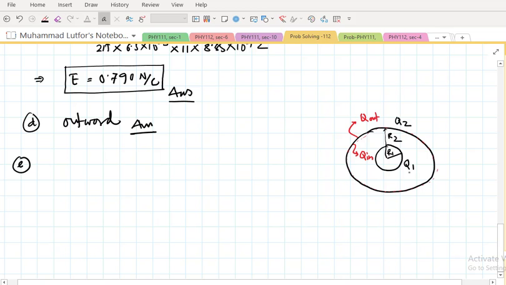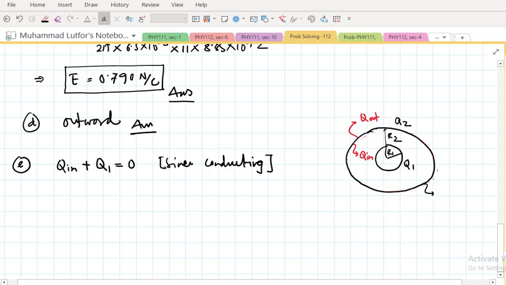So that's why this Gaussian surface's enclosed charge would be Q inner plus Q1, that must be going to be 0, since both the cylinder and spherical shell are conducting surfaces. There will be no charge for the shell in the inner surface. The total charge would be basically on the outer surface.